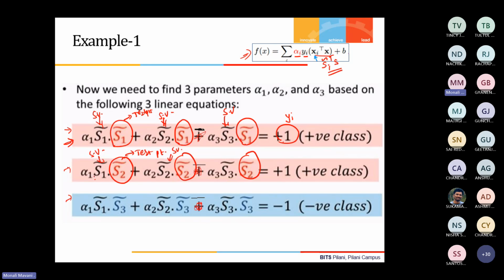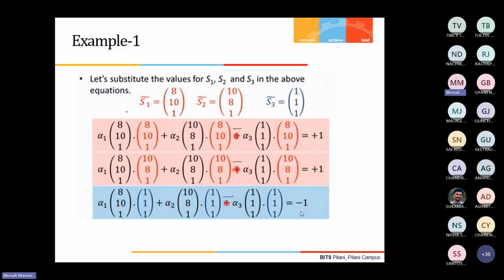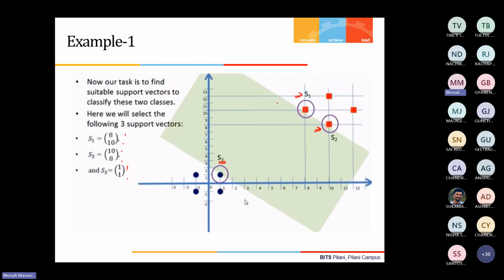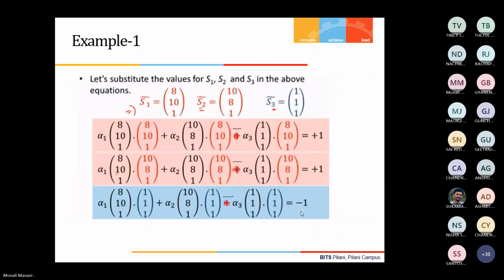We substitute the values of S1, where S1 is a transformed support vector, along with S2 and S3. These coordinates we got from here. This is S1, S1. This is S2, S1. And finally this is S3, S1.